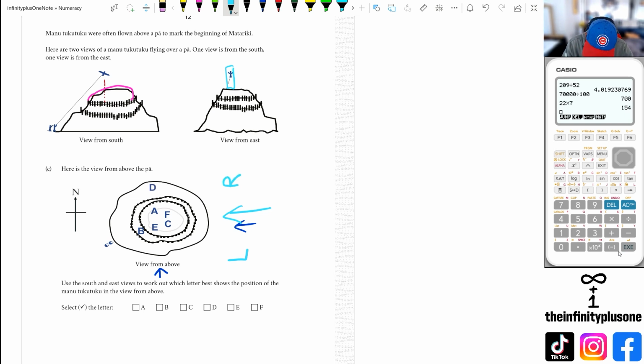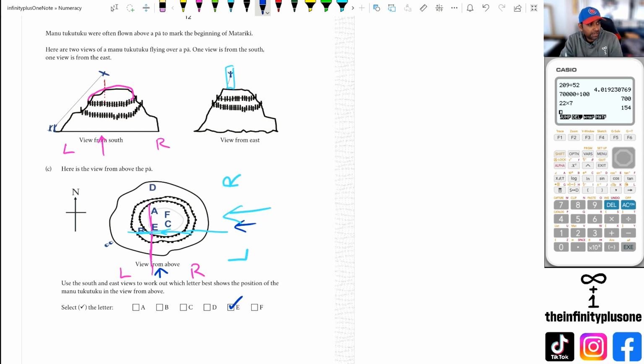And if you look at it, the furthest point is almost E there, because C is more like in the middle of the mountain, because if you look at it from the south, you're looking at more left and right. So that's the left of the mountain and the right of the mountain. So you're probably looking somewhere along this line, and then when you're looking from the east, you're looking somewhere along the blue line. And I think the best one to look at is then it becomes E.